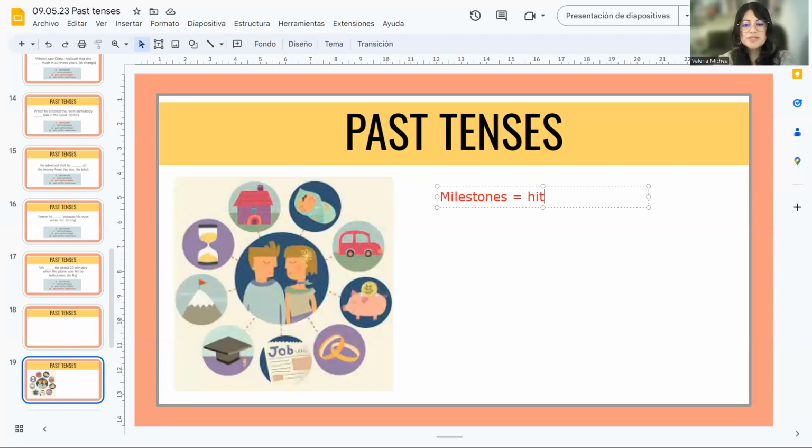So in Spanish, we call them hitos, and they refer to the most important moments or the most symbolic moments, as Marcelo said. And that's right.